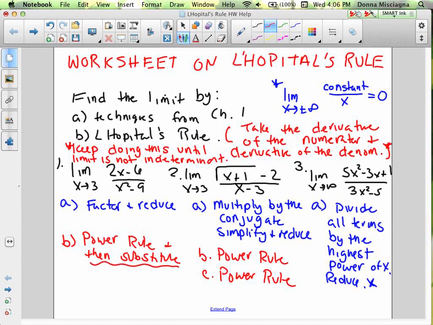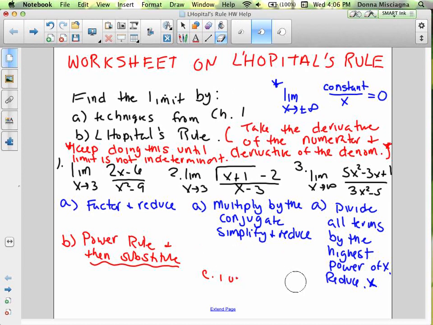I don't know why I put BC. I meant to put 1, 2, 3, but I'm just going to make this B here, 1, 2, 3. For all 3 of those, you just use power rule and substitute. Remember on 2 to rewrite that in exponential form. All right, so that's this set here.